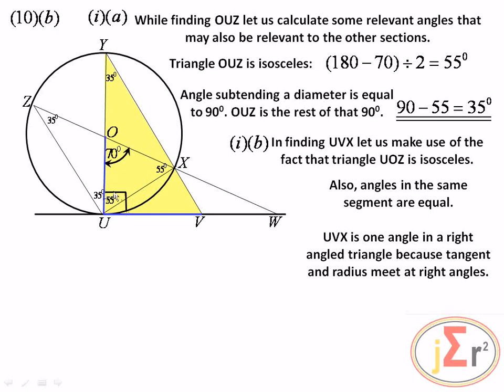Therefore, this is a right angle triangle. 90 degrees will be here in this right angle triangle, and this one is 35. So we know that because it's a right angle triangle, the other two angles, this one and this one, have a sum of 90 degrees. So UVX is equal to 90 minus 35, which is equal to 55 degrees.